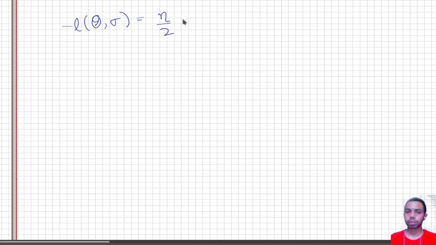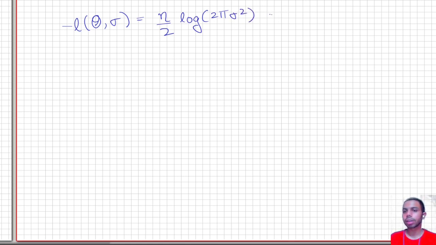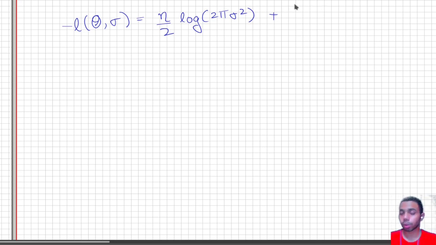This was the negative of that, because I want to minimize the negative. I keep saying L(theta, sigma), but essentially I am referring to the log likelihood, and what I'm writing is known as the negative log likelihood, and I'm going to minimize that.